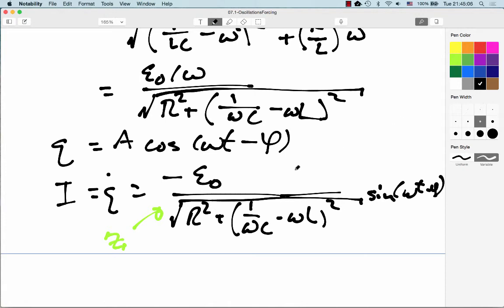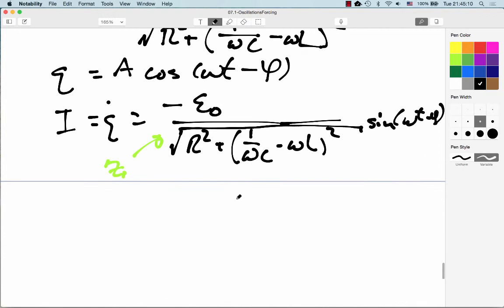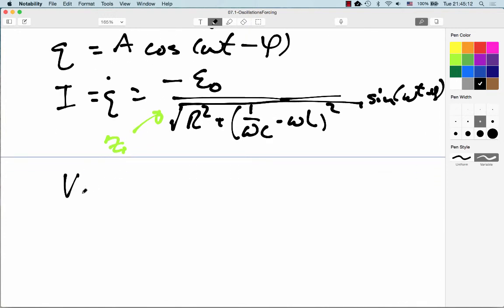All right, so then to get the voltage across the inductor, that will be equal to L di dt. So we can differentiate all that again. So when I differentiate the sine, I'm going to get cosine, I'm going to bring out an omega.